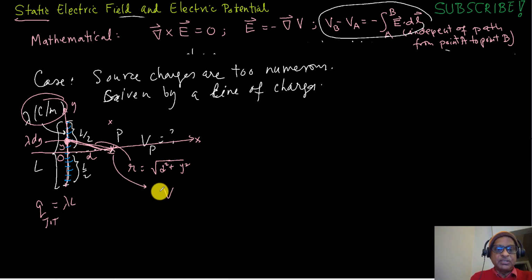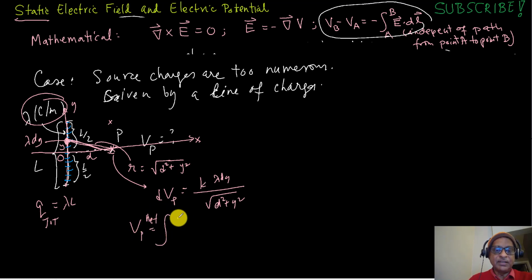From this, the potential from this element will be K times lambda dy over the square root of d squared plus y squared. So the net Vp will be the integral of K lambda dy over the square root of d squared plus y squared. The dy is collecting all the charges, going from minus L over 2 to L over 2.